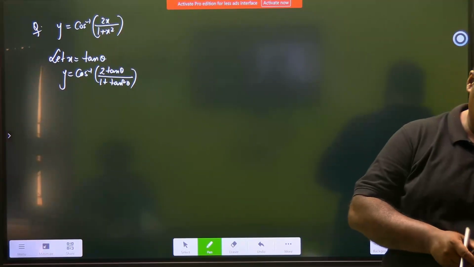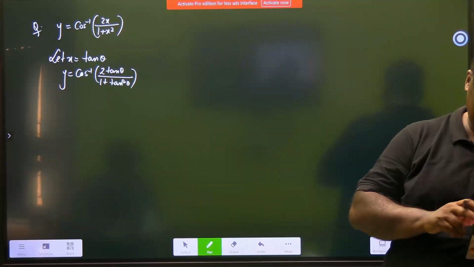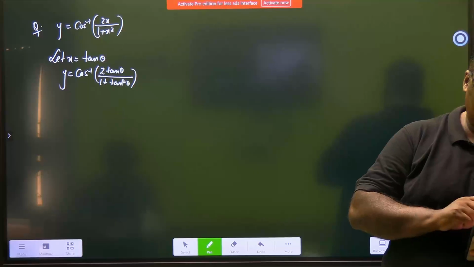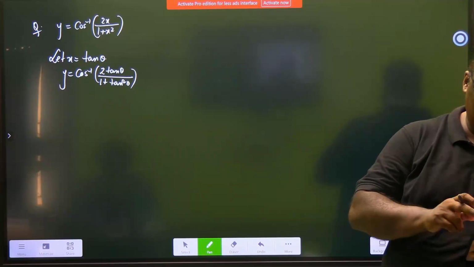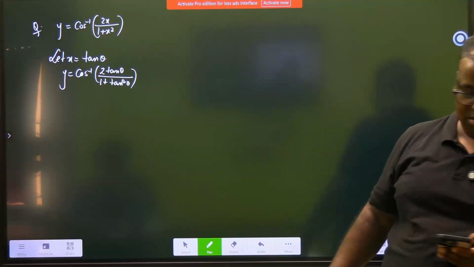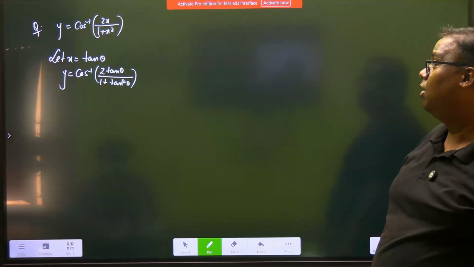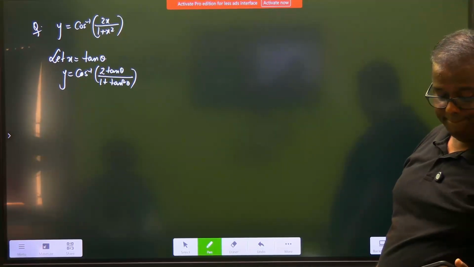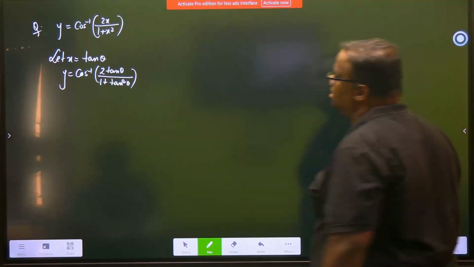Cross check yourself with cos 2x. Cos 2x is 1 minus tan square x divided by 1 plus tan square x.